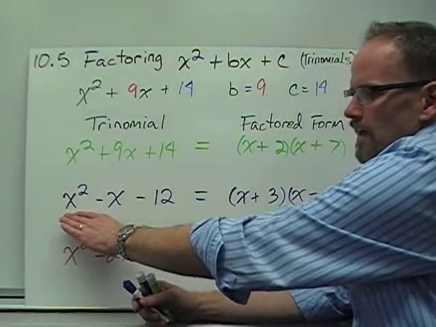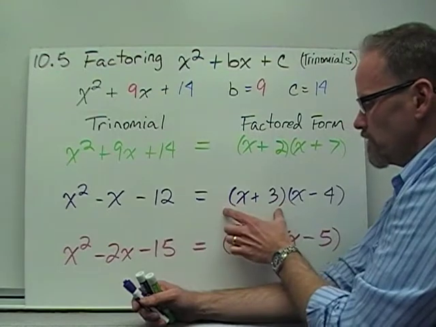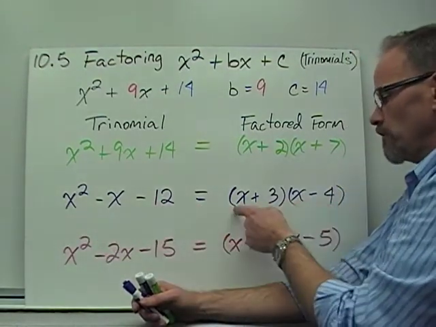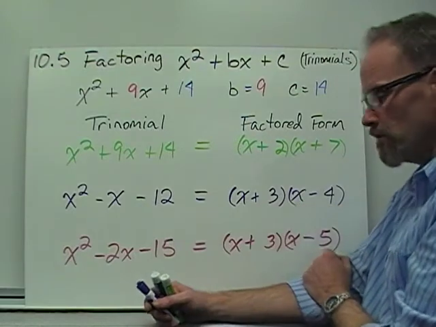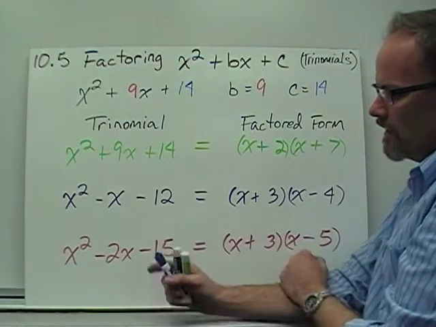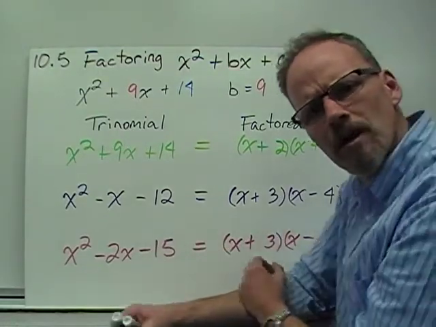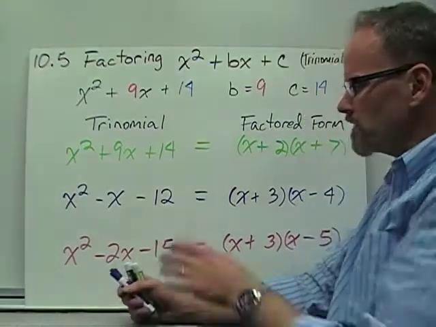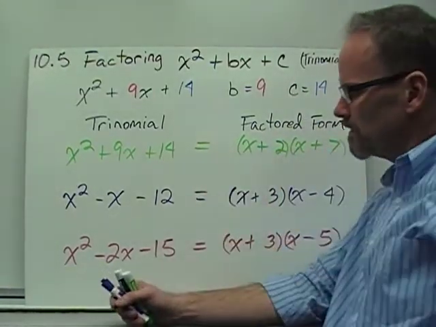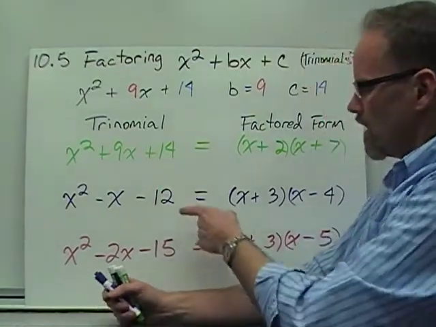If I had something like x squared minus x minus 12, I would have two factors. Again, the x is always going to be the first term in the binomial. And then I look at term c right here. What are some combinations of two numbers that when I multiply them, just like up here, 7 times 2 is 14, give me c?